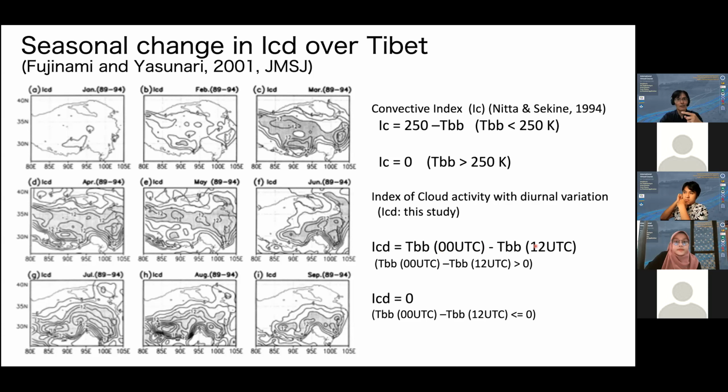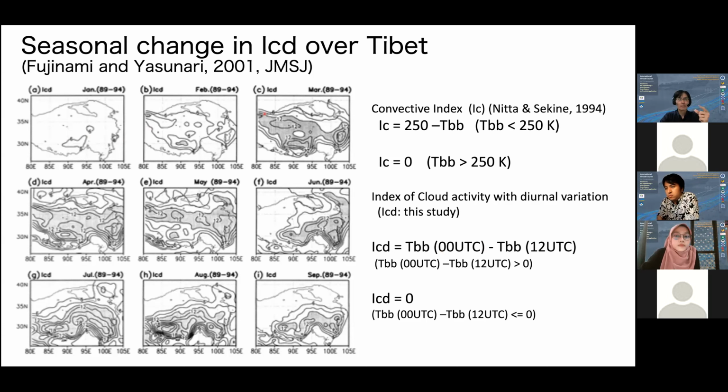It's like this. After that, they demonstrate the seasonal changes of the convective activities with the diurnal variations. During winter, January and February, such activities are relatively lower.